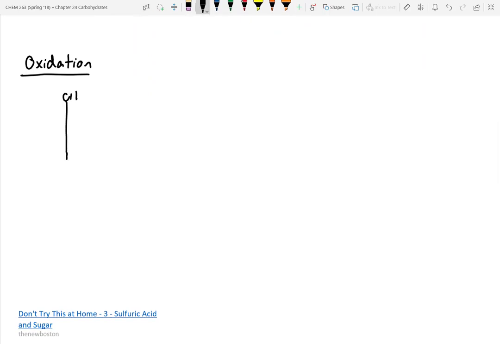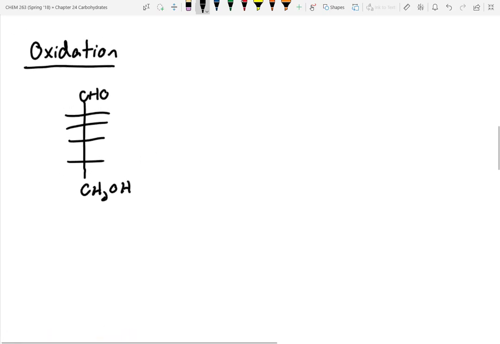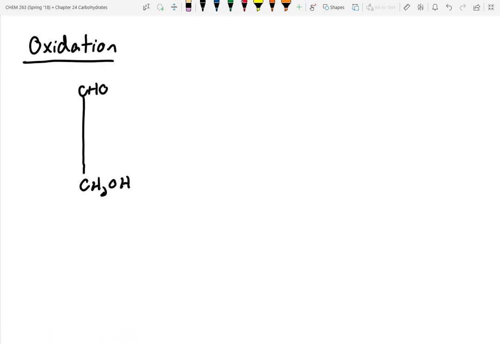So I'm going to write my aldehyde up here, got my alcohol down here, and we're going to do 4 crossbars. Let me zoom in a bit. I don't like my crossbars. And we've got an OH, H, OH, OH on the right.